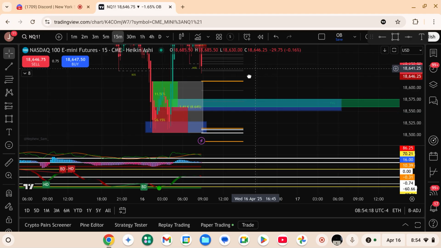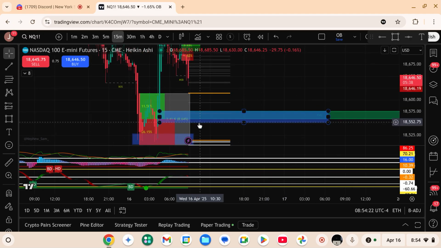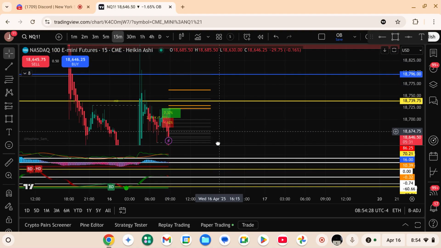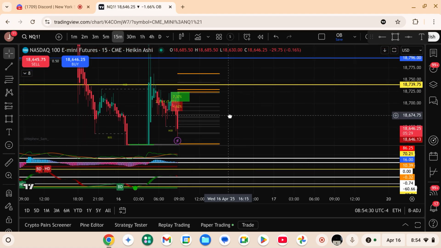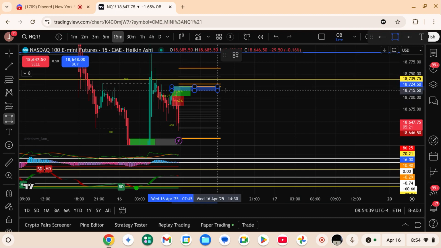So if we can get a breakout outside of here or here, we would target the top of this order block for a full TP.